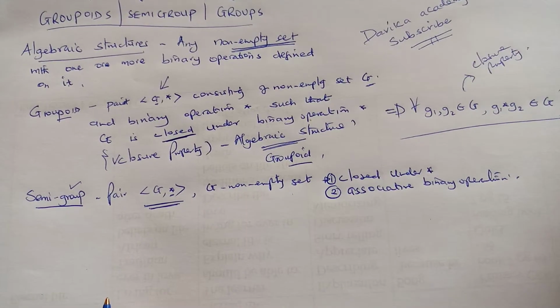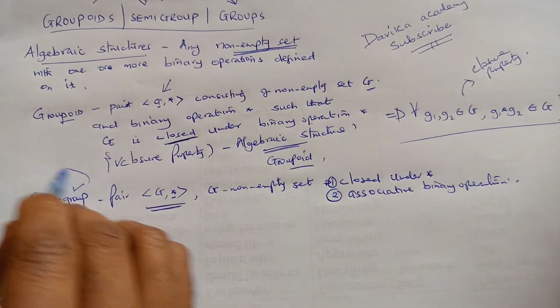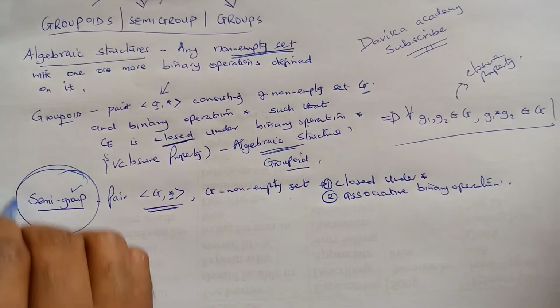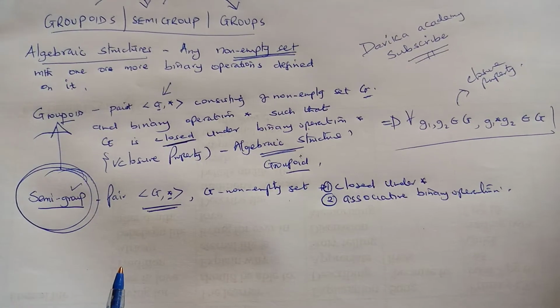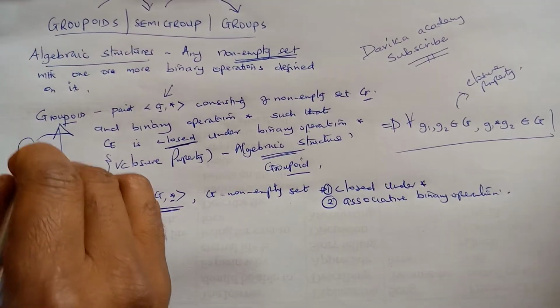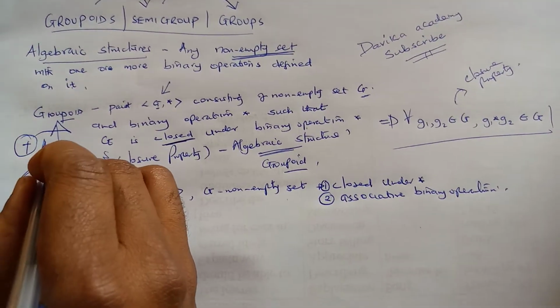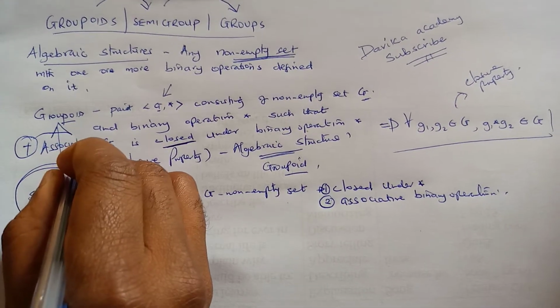So this is what a semigroup is telling us: a semigroup is actually a groupoid plus the associativity property.